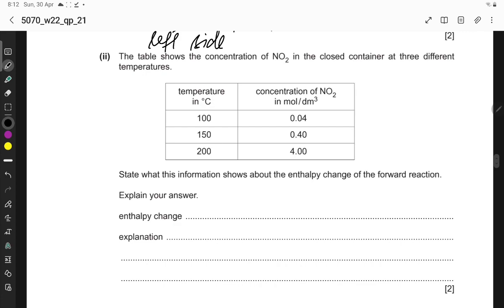The table shows the concentration of nitrogen dioxide in the closed container at three different temperatures. At 100, 0.04, nitrogen dioxide 0.44. So this table shows that by increasing temperature, concentration of nitrogen dioxide is increased. State what this information shows about the enthalpy change of the forward reaction.